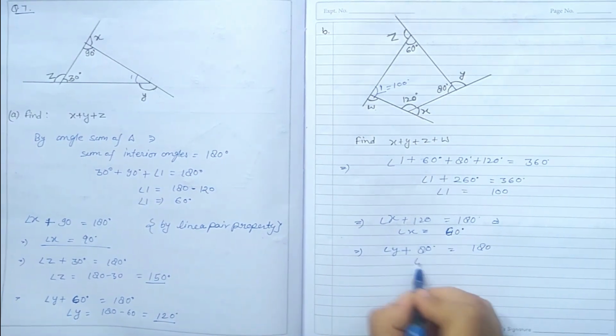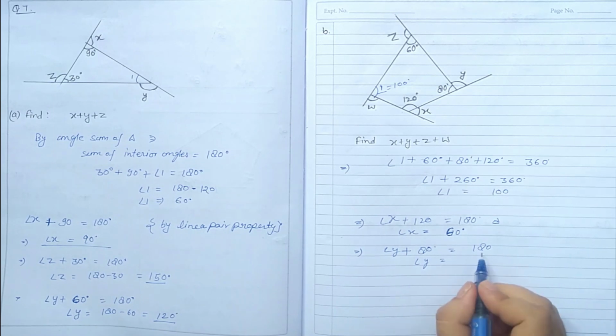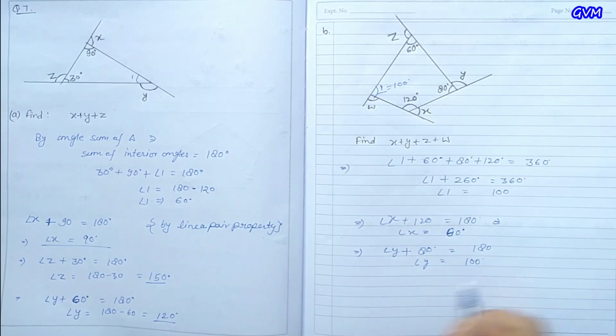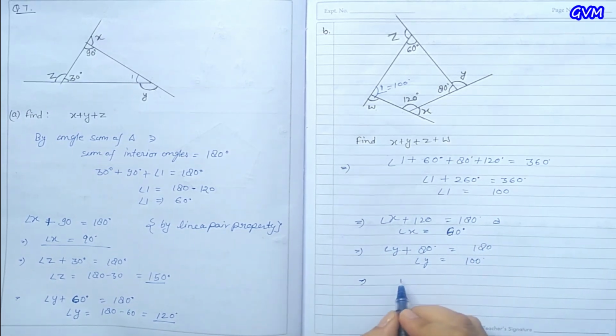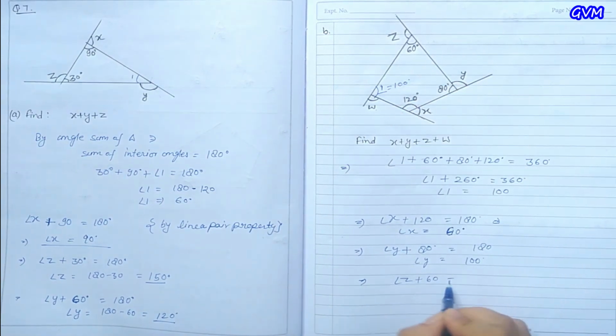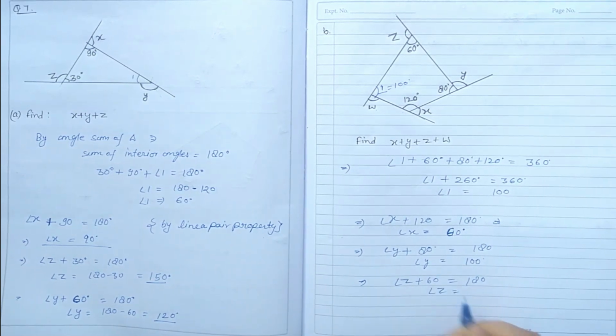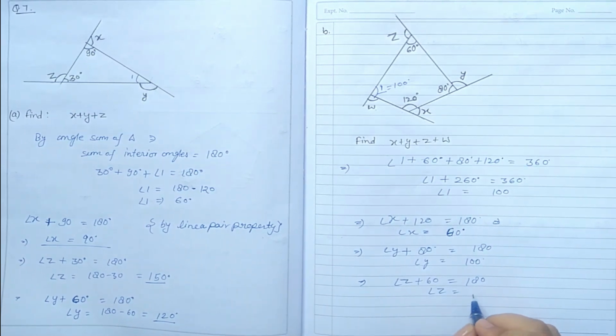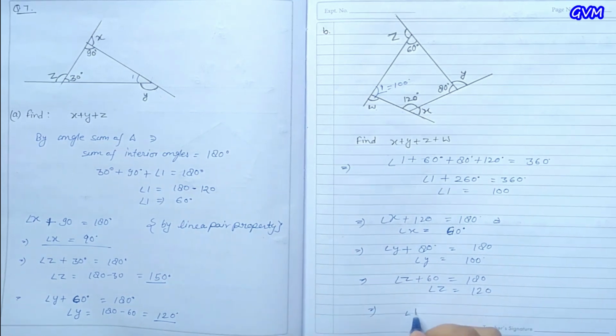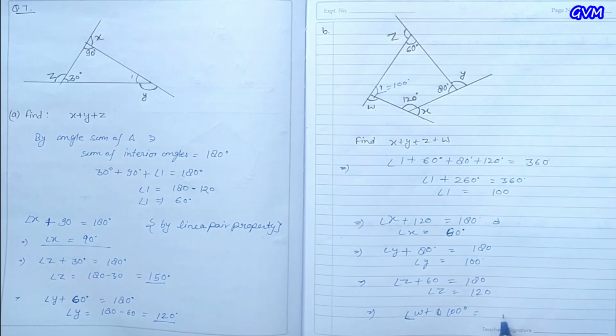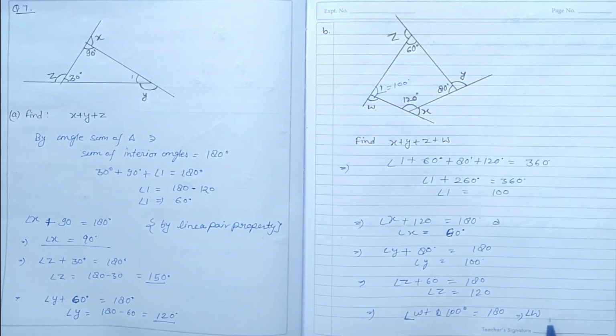So from here angle y is 180 minus 80, which is 100 degrees. Similarly angle z plus angle 60 is equal to 180. So from here angle z is 180 minus 60, which is 120. And the last angle w plus 100 degrees is equal to 180. So from here w is equal to 80 degrees.